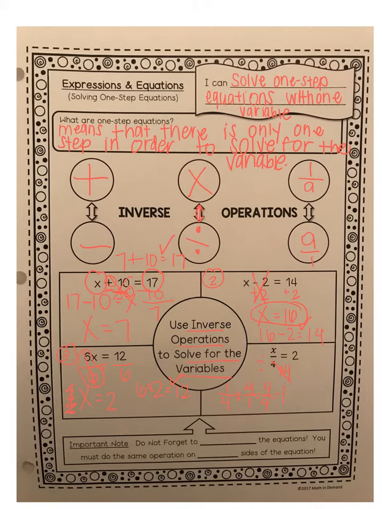So again, having the coefficient of 1 in front of the x makes it not necessary. So now I'm going to multiply the other side of my equation by 4 as well. So now I have x equals 8. I'm going to use substitution. Is it true that 8 divided by 4 equals 2? And it is. Therefore, I know I've gotten that one correct as well.